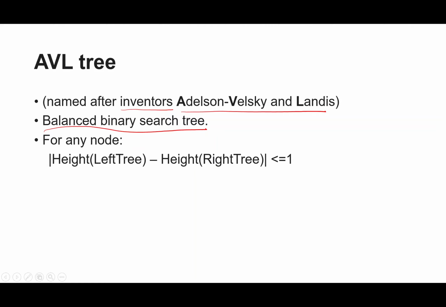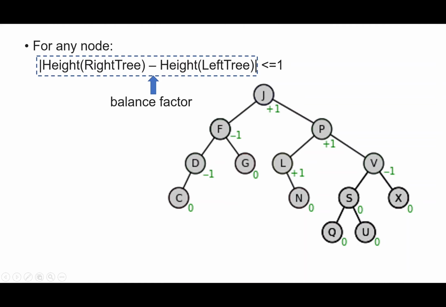It has this property for any node: the height of the left tree and the height of the right tree differ by at most 1. For example, the height of the right tree subtracted by the height of the left tree is called the balance factor, which must be at most 1 in absolute value.